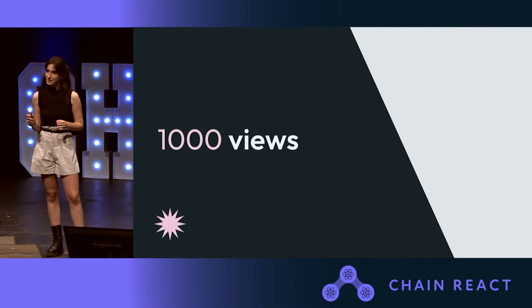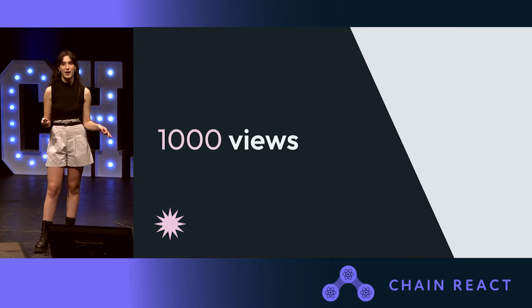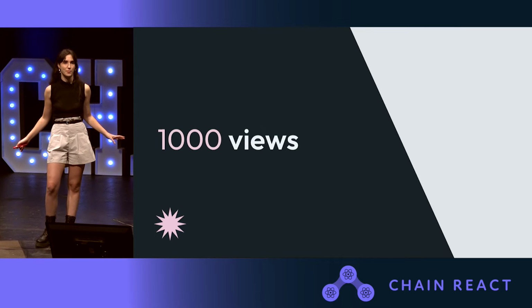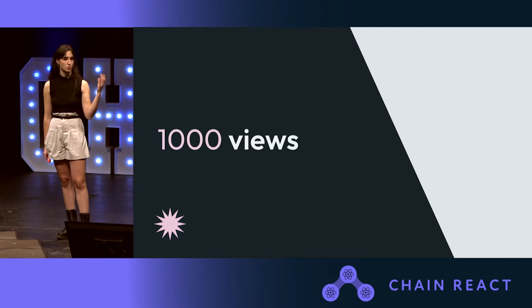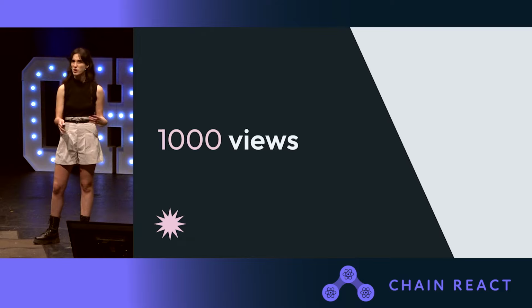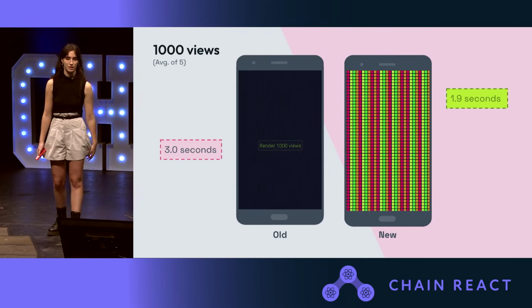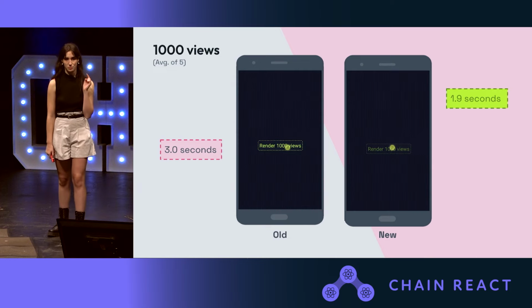Well, the last thing that I wanted to test was what would happen if I render a huge amount of views. So I decided to render 1,000 views and see how much time it would take to render on each side. This is a pretty big difference.